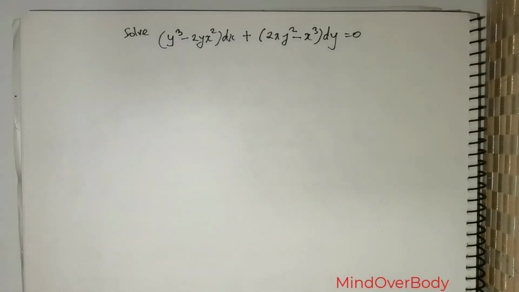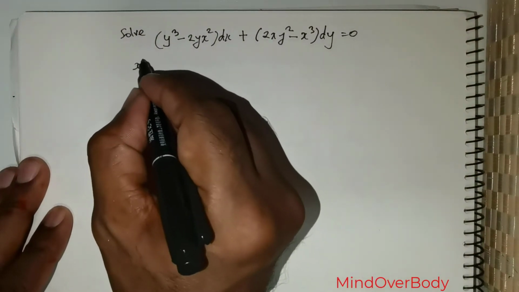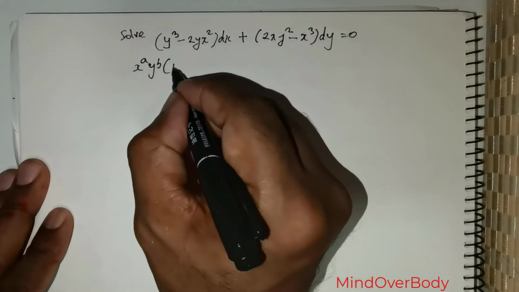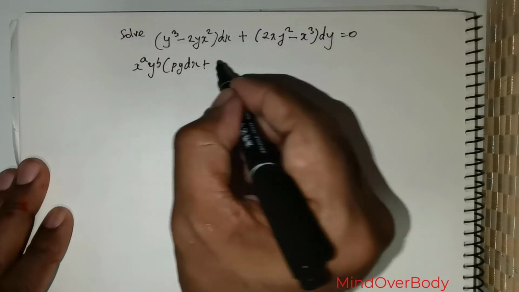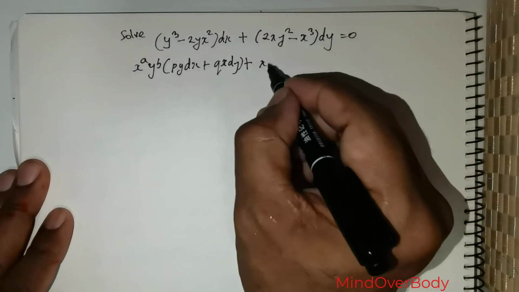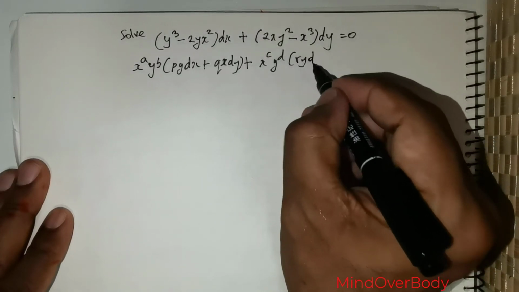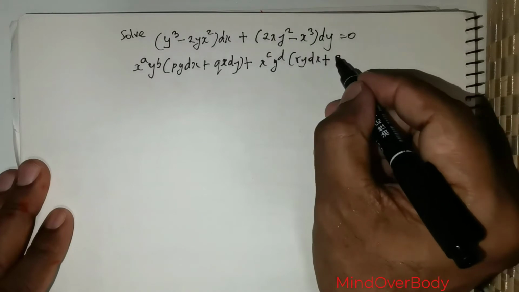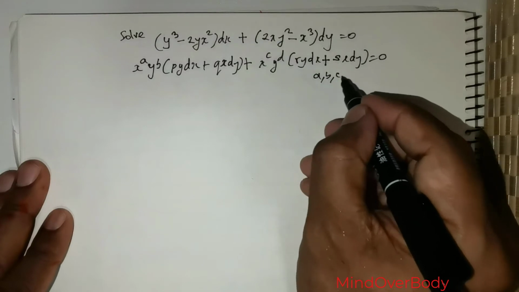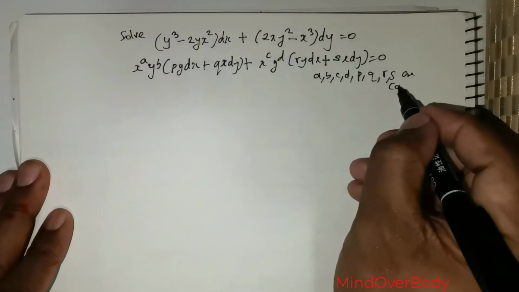We will achieve the expression that we are looking for, and that is going to be x raised to the power of a times y raised to the power of b times p times y dx plus q times x dy, plus x raised to the power of c y raised to the power of d times r times y dx plus s times x dy is equal to 0. As I mentioned to you, a, b, c, d, p, q, r, yes, they are all constants.